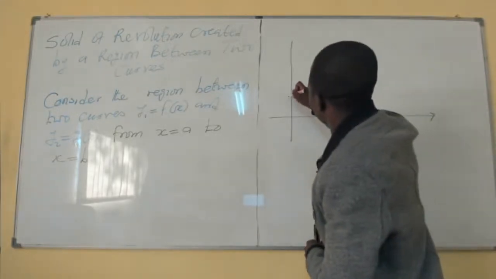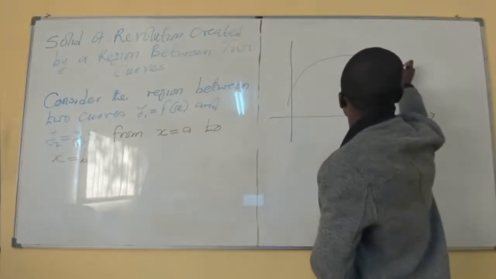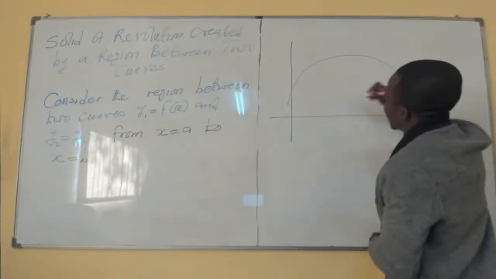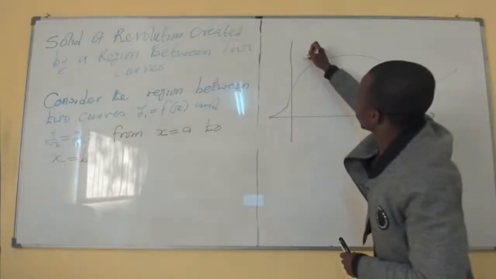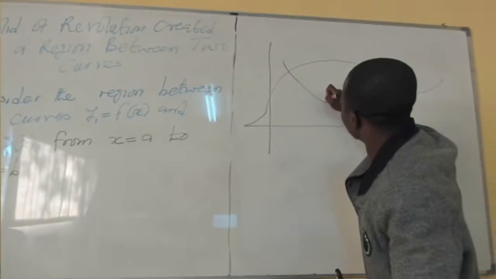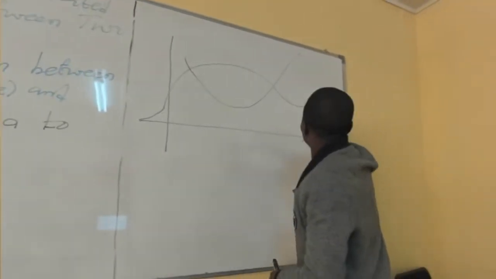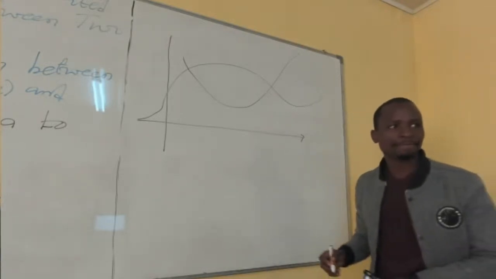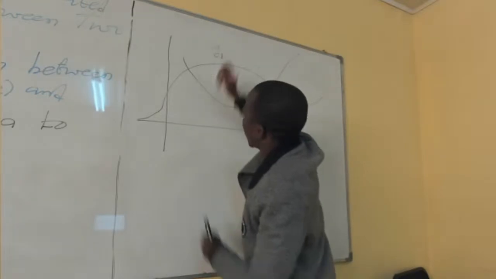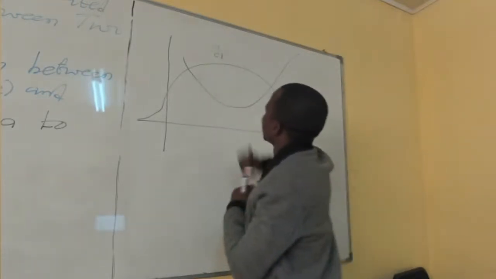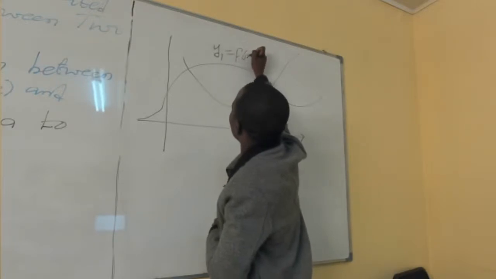So maybe we have a curve like that, and then we have another curve. The first curve is y1, which is equal to f of x.